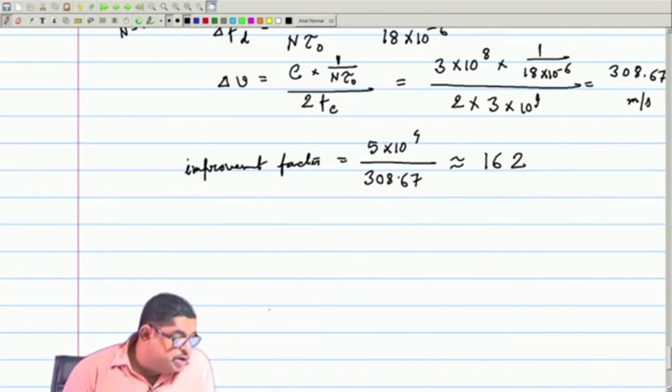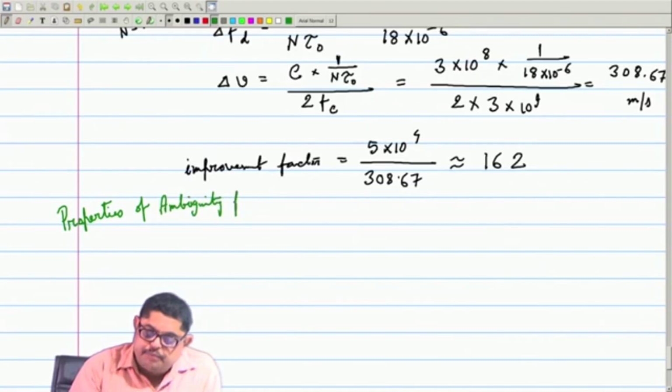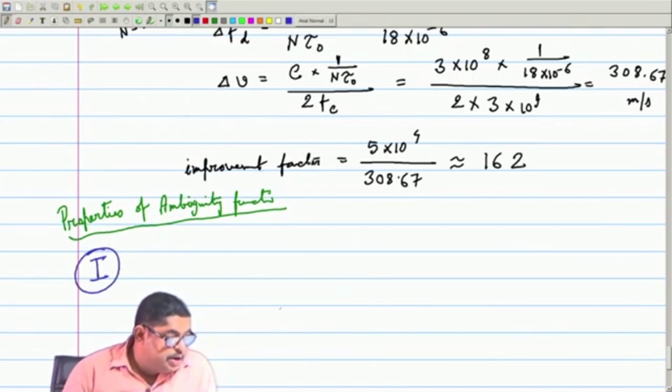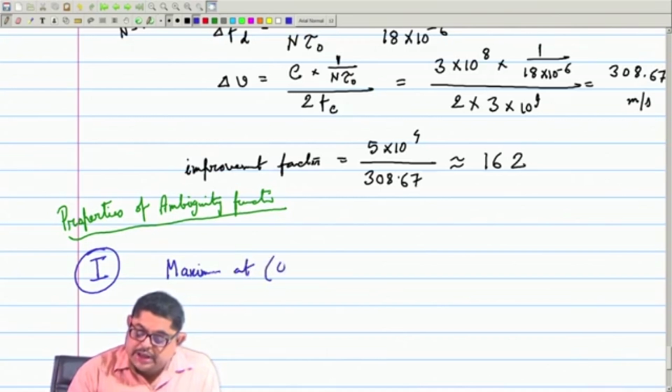So, I will come to the first property. Properties of ambiguity function. Property 1 says that the maximum of any ambiguity function is always at 0 0.